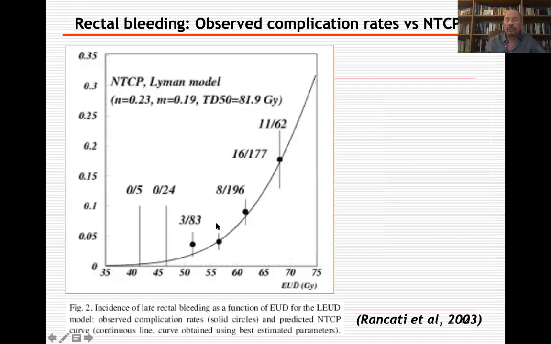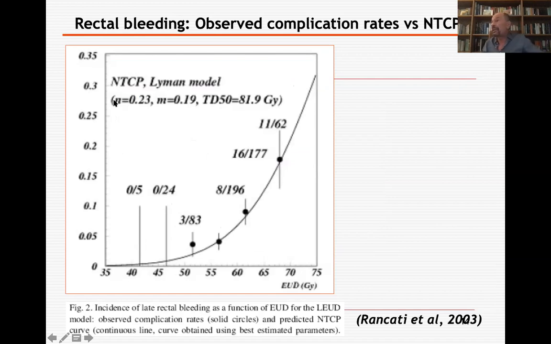So this is the Lyman model, and this is an example of the Lyman model actually applied. This is a real case, applied to late rectal bleeding. This is actually a little bit more complicated because this is not the constant dose, it's an equivalent uniform dose, but we will not go into this detail. That's only to show you that it's fairly well representing the observed toxicity in terms of rectal bleeding with these parameters.